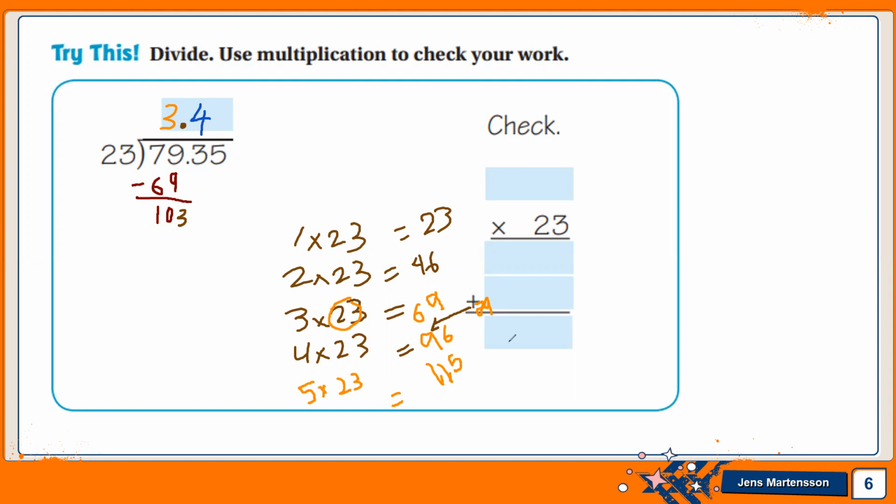You will put the first number, the number that you multiply 23 by. Next, she said that 4 times 3 is 12. 4 times 2 is 8 plus 1, 9.